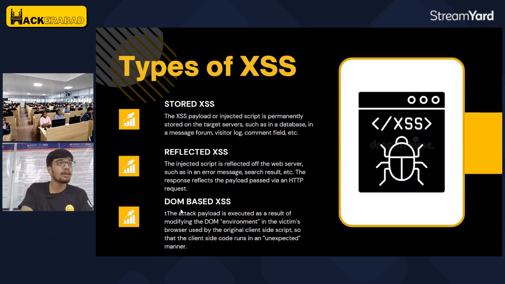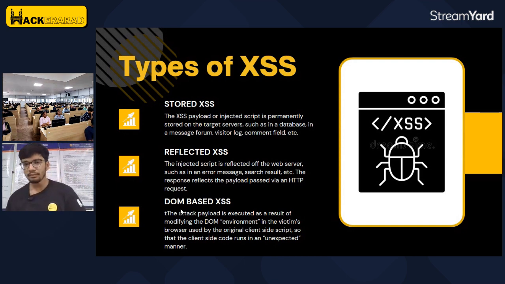That will happen when servers send web pages to users. But every web page is different, so when it behaves on the client side unexpectedly, that's when the cross-site scripting payload will execute. So that is what cross-site scripting is.